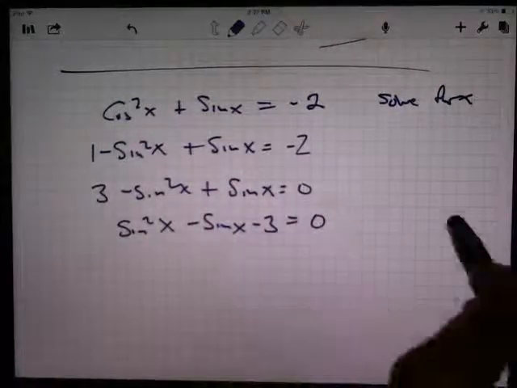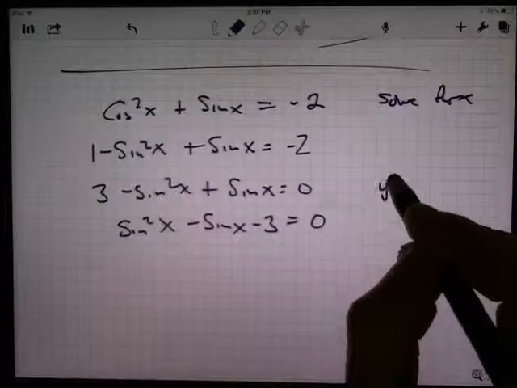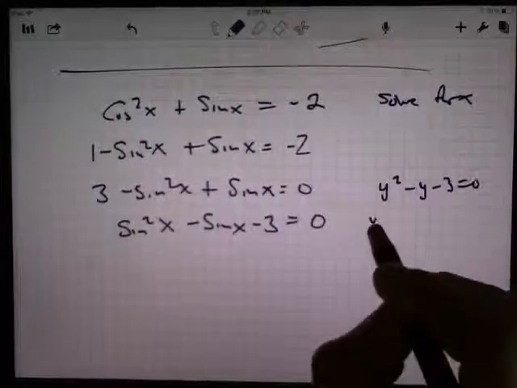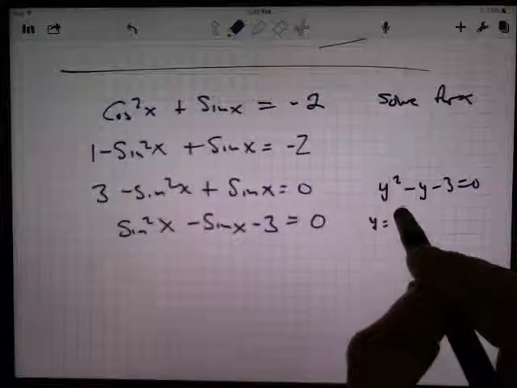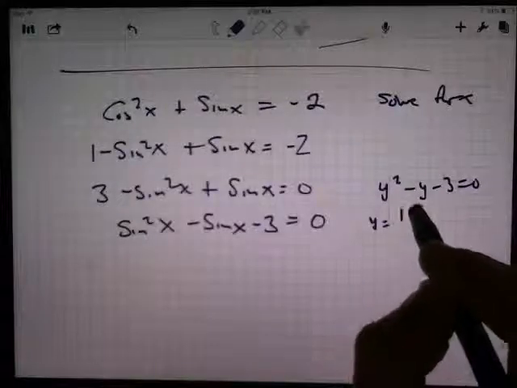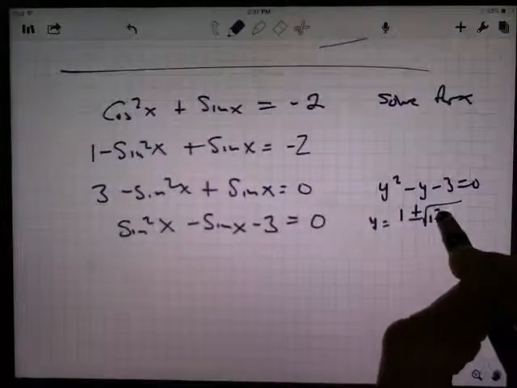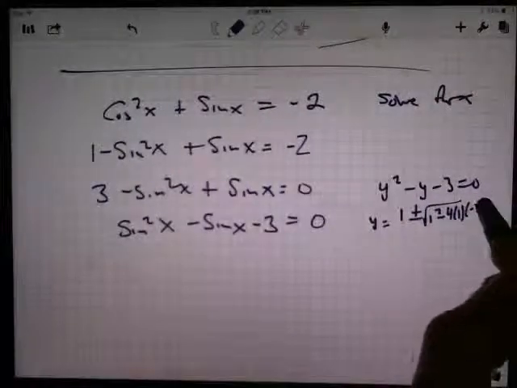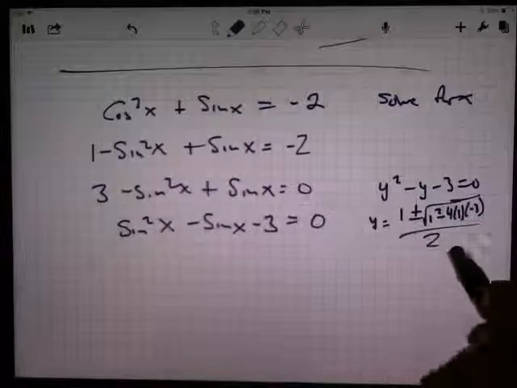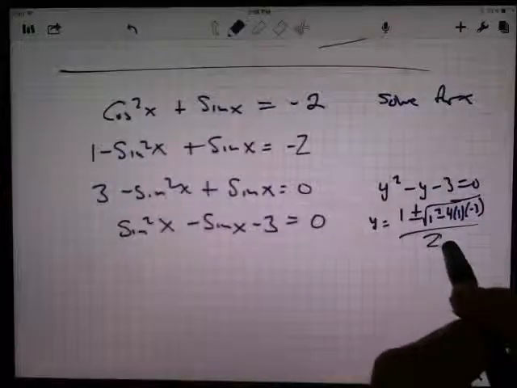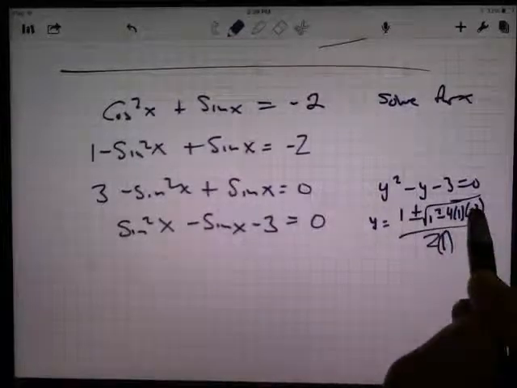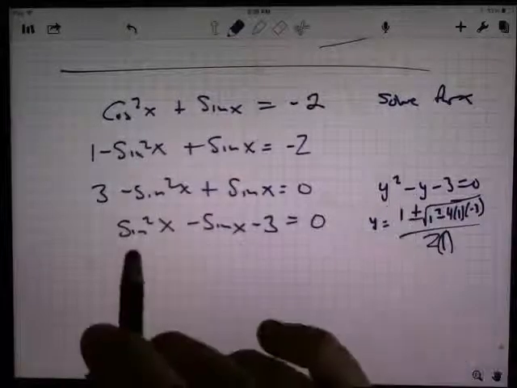I'm thinking of this like y squared minus y minus 3 equals 0. So y is 1 plus or minus the square root of 1 squared minus 4 times 1 times negative 3, all over 2 times 1. I'm doing that, but instead of y's I have sine x's.